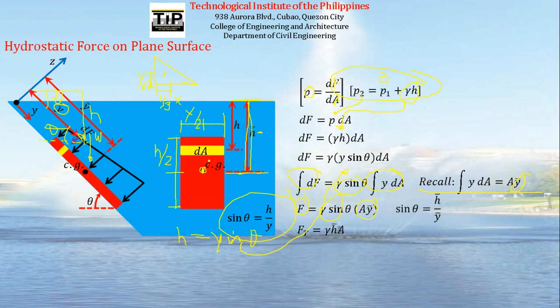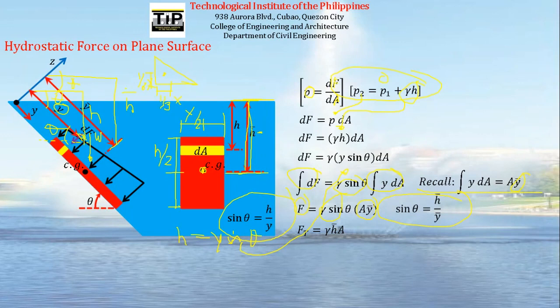Okay. So using sine, again, sine function. So we have here a triangle, a right triangle. You have here the theta. So if this is h bar and this is y bar, the relationship is sine theta. So opposite over hypotenuse.